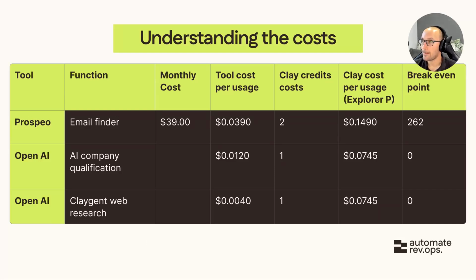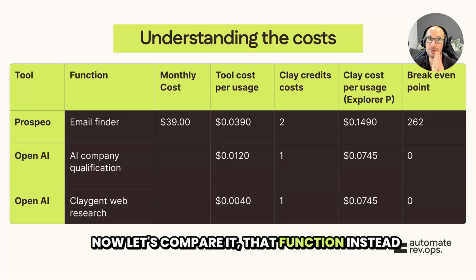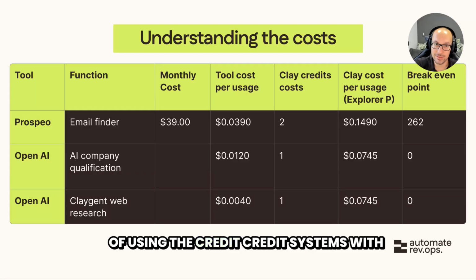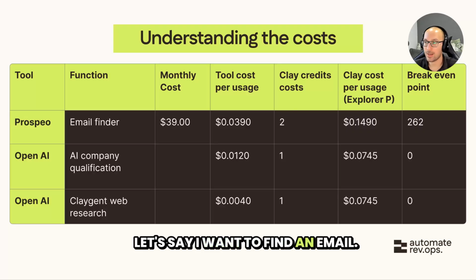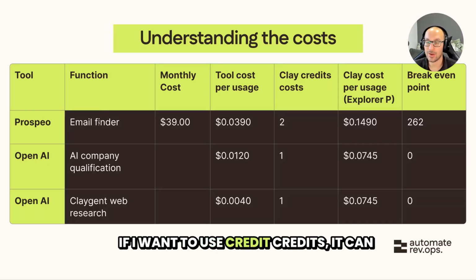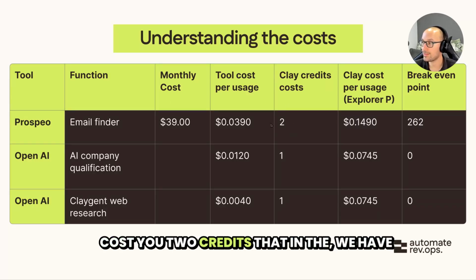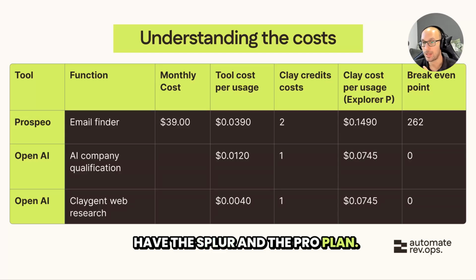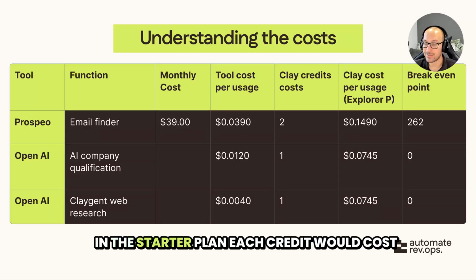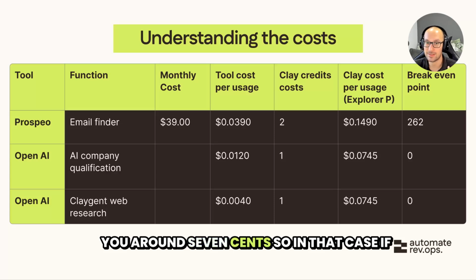So that will be the credit system that can help you access all these tools without subscribing to the tools. Now let's compare that function, instead of using a credit system, with subscribing to a tool and connecting their API. Let's say I want to find an email. If I want to use credits, it can cost you 2 credits. We have 3 plans in Clay, and then we have the enterprise: the starter plan, the explorer and the pro plan. In the starter plan, each credit would cost you around 7 cents.